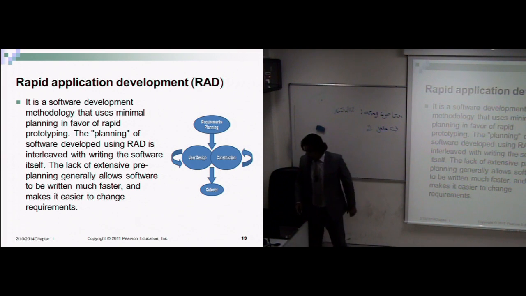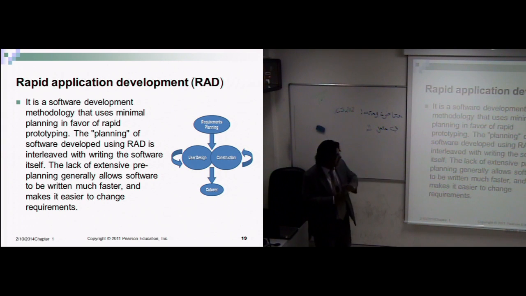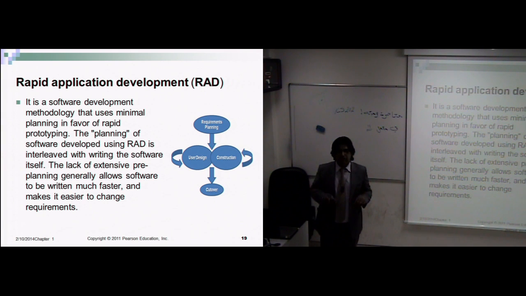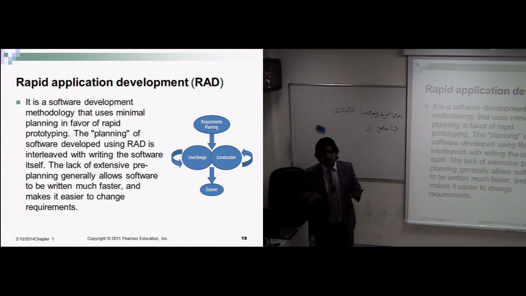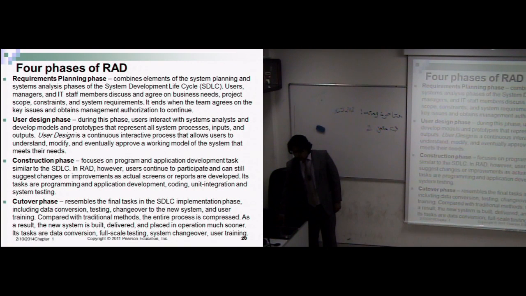Okay, so there are certain phases for this. It's requirements planning, user design and construction, they all run together in parallel, and finally once the requirements of the user are met, we cut over. You can see the details here. Right here, requirements planning phase.